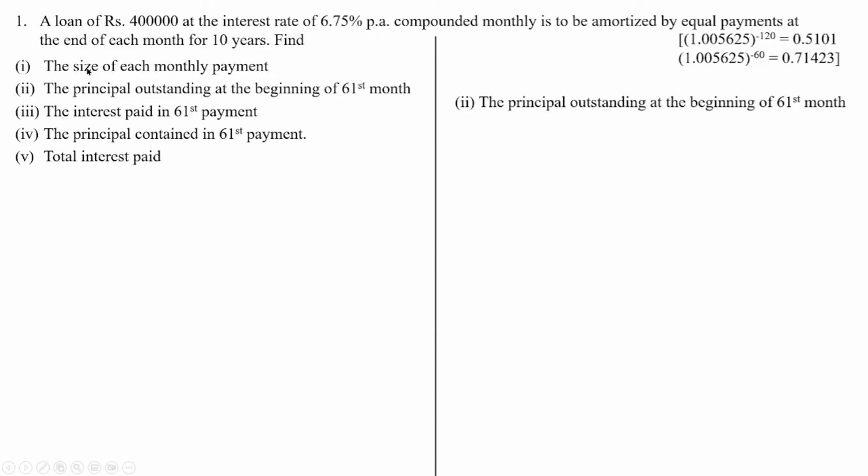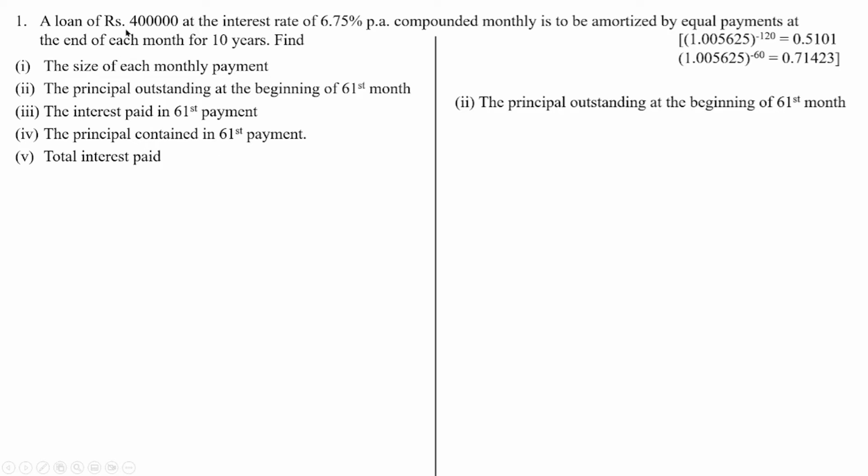Find the size of each monthly payment, the principal outstanding at the beginning of 61st month, the interest paid in 61st payment, the principal contained in 61st payment, and the total interest paid. So we have seen formulas for all these. Let us recall those formulas and find the answer for each of these questions.